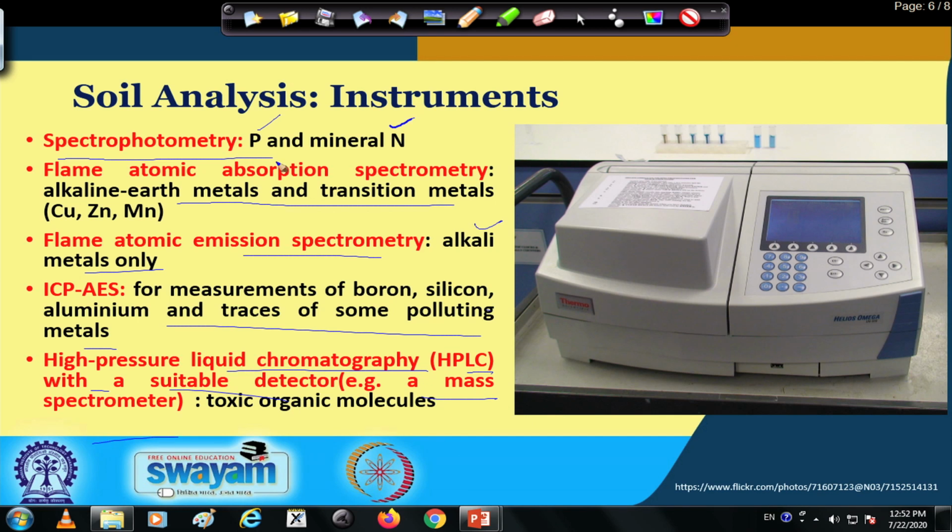So, these are some of the general instruments which you can see in most soil characterizing laboratories, and their specific purposes are also given. However, there are also certain instruments which we are going to cover in this module, which will show their usefulness for measurement of these different parameters.